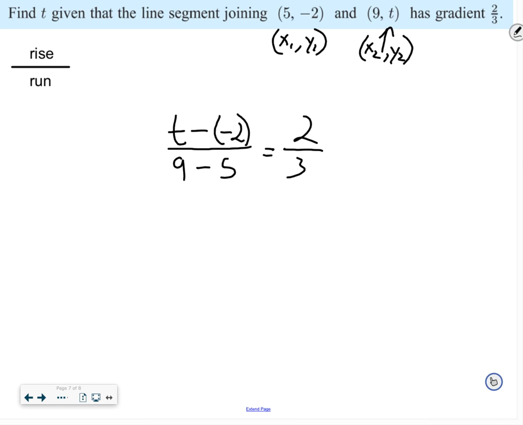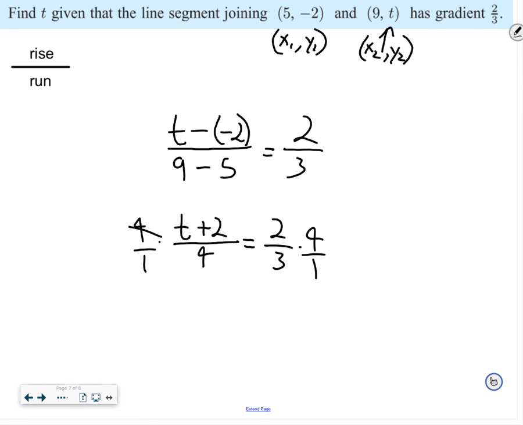Okay, so as I reduce this, I'm going to get t plus 2 over 9 minus 5 is 4, which is equal to 2 over 3. Okay, now I'm using my algebraic solving skills here with rationals. So I'm going to multiply this side by 4, this side by 4.